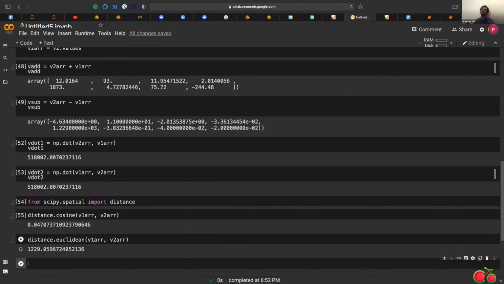You can see that the Euclidean distance is very large, right? It's 1,200, and it keeps increasing as the points go far apart. I can pick some other point as well, and it'll just keep increasing. Whereas if I look at the actual cosine distance, the cosine distance will remain bounded between 0 and something else.